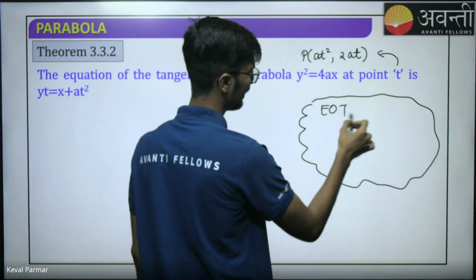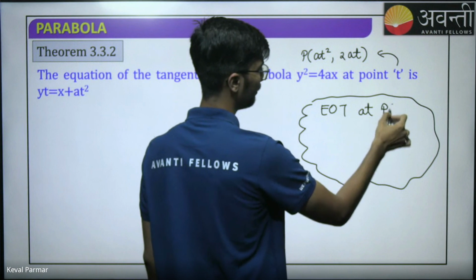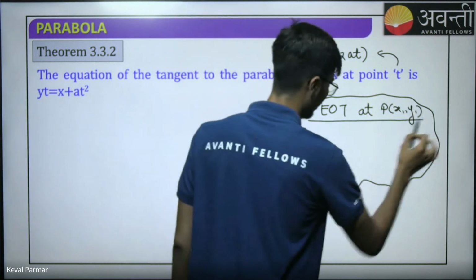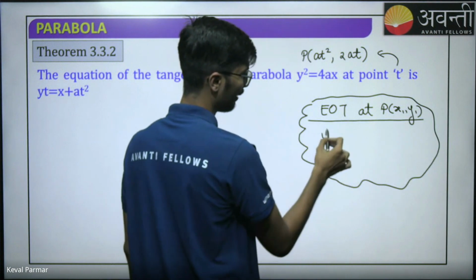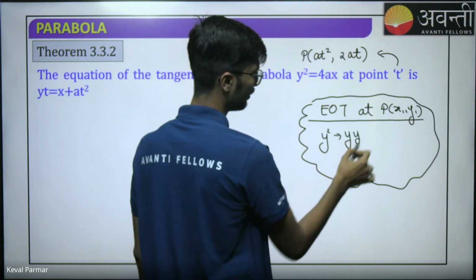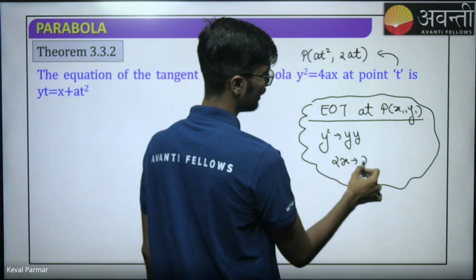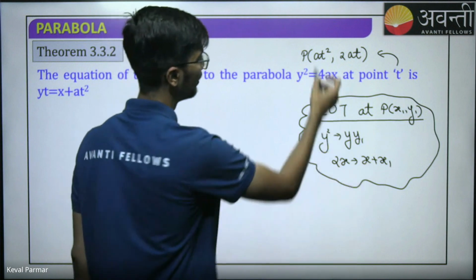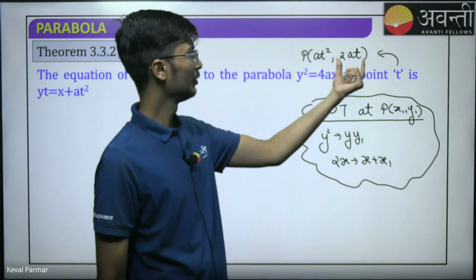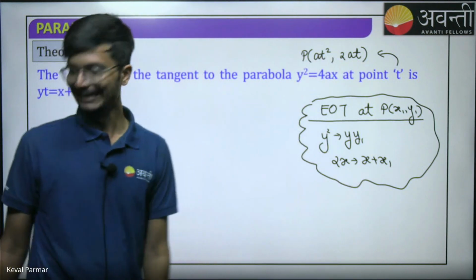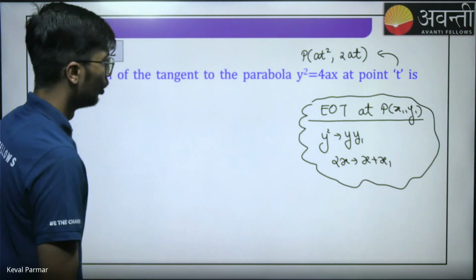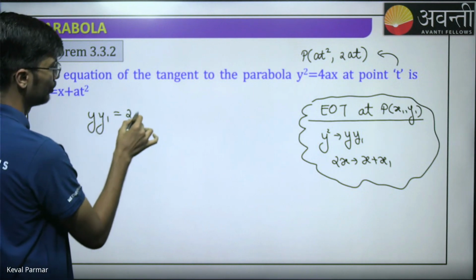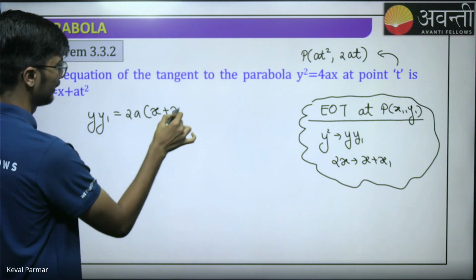Equation of the tangent at point P (x1, y1): we replace y square by y y1 and 2x by x plus x1. So here in place of y1 we have 2at, in place of x1 we have at square. So the equation of the tangent will be y y1 is equal to 2a (x plus x1).